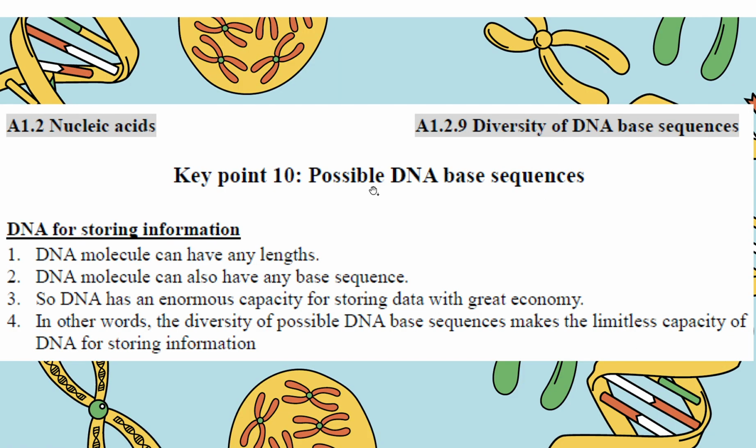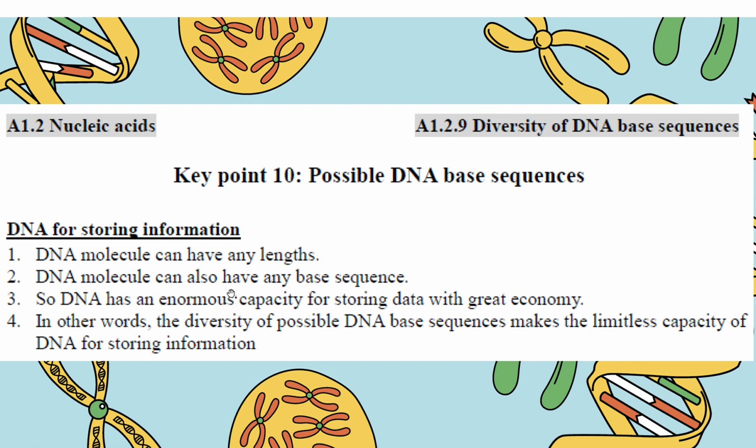And then the possible DNA base sequences. Remember, DNA molecules can have any length. Some are long and some are short. Really high variety. And DNA molecules can also have any base sequence. Although the two strands are highly connected, for one strand it can have any base sequence.